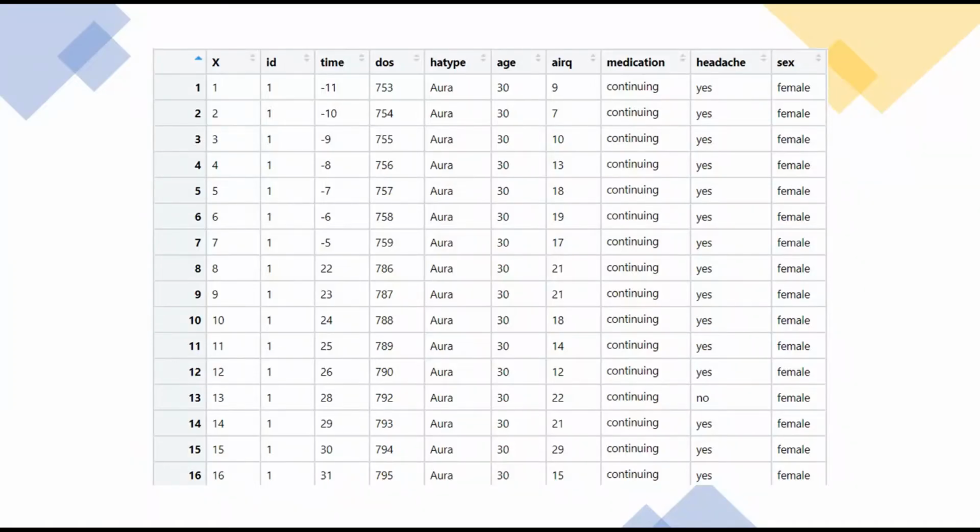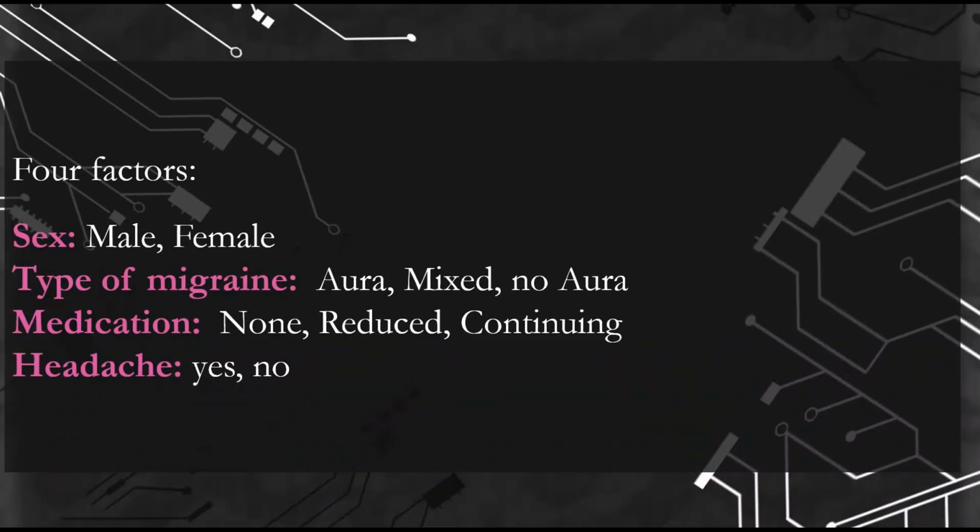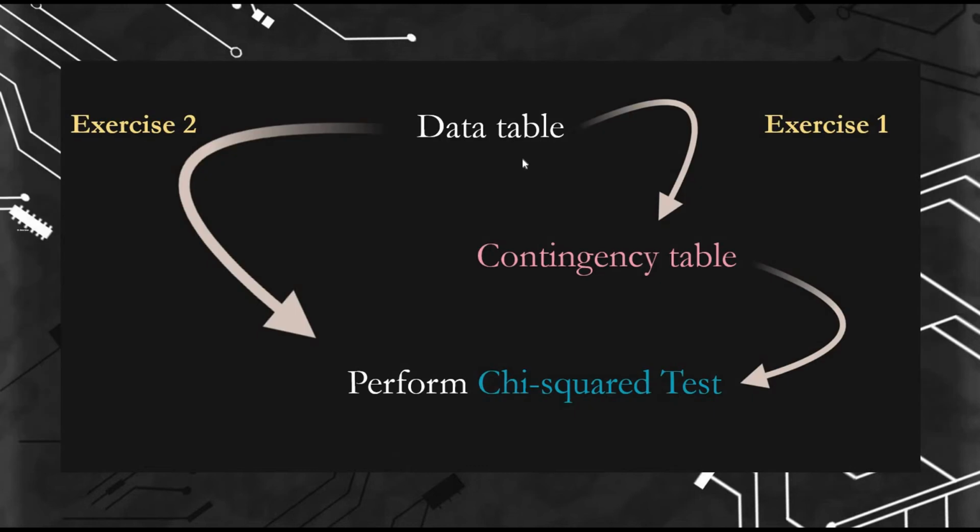So this is the table, and in this table we have 4 factors, which means categorical variables. In exercise 1, we are going to convert the data table to a contingency table, then apply the chi-square test. And in exercise 2, we will directly perform the chi-square test from the original data table.